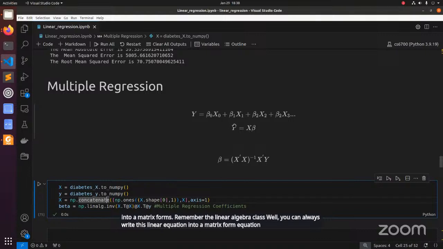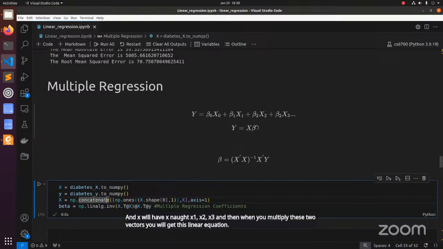So it will simply become y equals x times beta. x is simply a row vector and beta is your column vector. The beta vector will have beta naught, beta 1, beta 2, beta 3, and x will have x naught, x1, x2, x3, and when you multiply these two vectors you will get this linear equation.